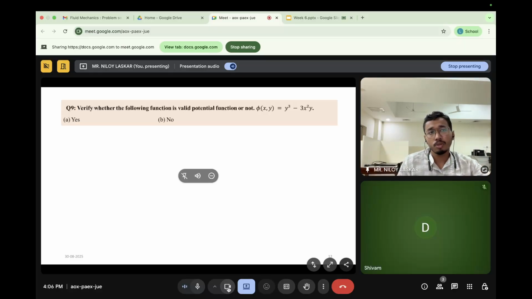Whether you will be able to solve this one, or can I go for the solution? So please check and tell.